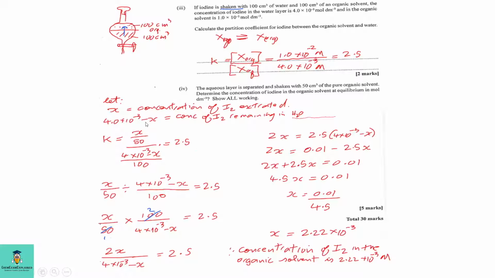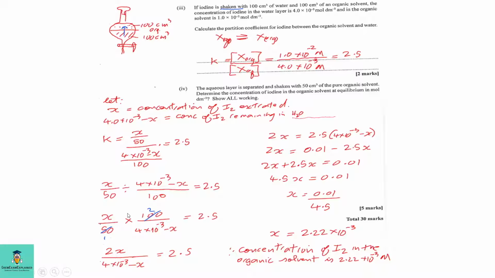So we're going to simplify this now. Let's do some math. X over 50 divided by 4 times 10 to the minus 3 minus X over 100 equals 2.5. We simplify this by saying 50 into itself goes 1 time, 50 into 100 goes 2 times.